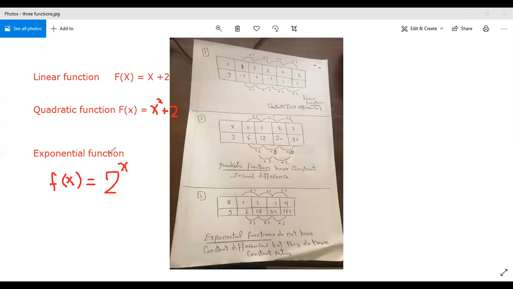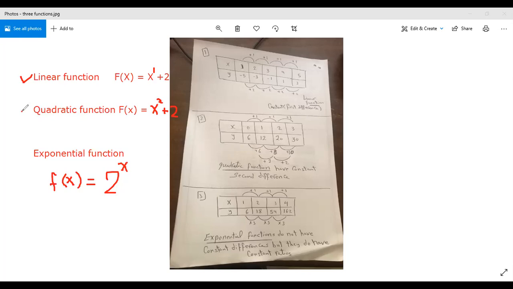So before we start our lesson today, we have to know the difference between the 3 types of functions which we studied this year. The first type, again, is the linear function, and we can see the exponent for x is 1, and here we have the independent value, x, as a base.